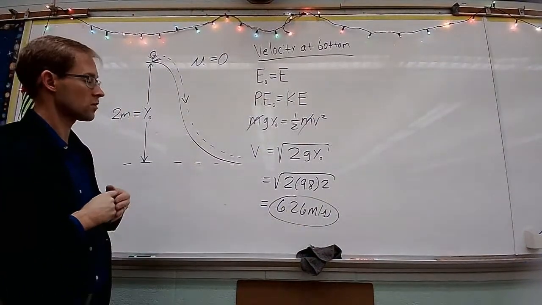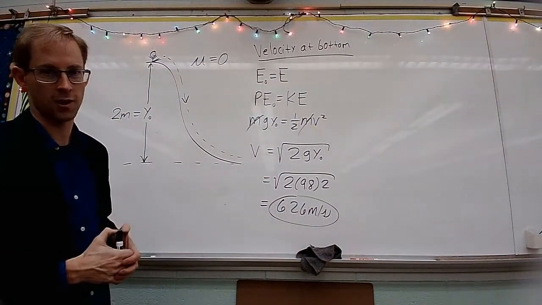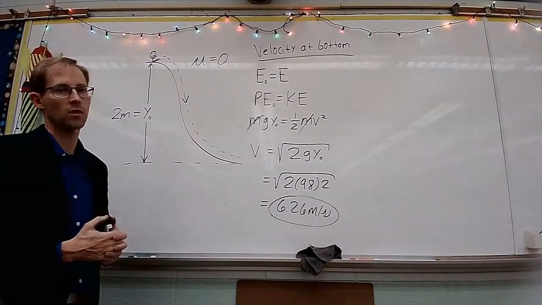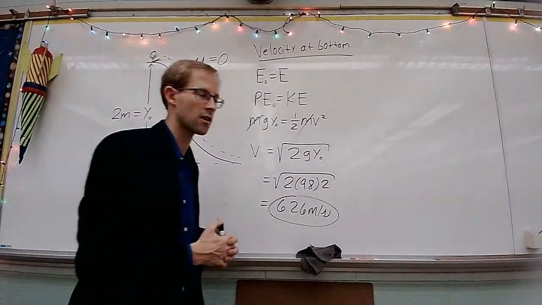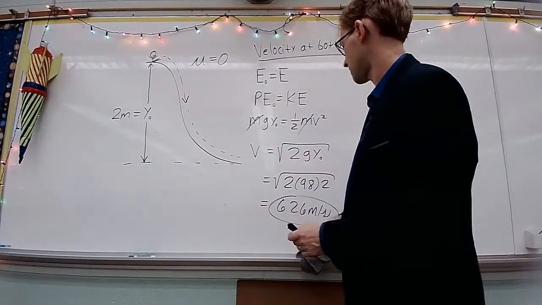Of course, usually, in most ramps and most hills, you've got friction there. So let's just take a look at an example where maybe we're trying to calculate how much energy is lost from the top of this hill to the bottom.